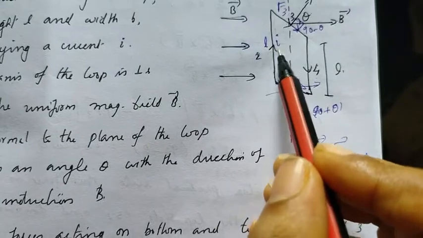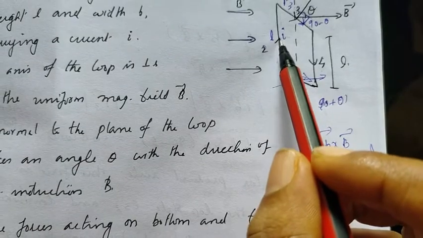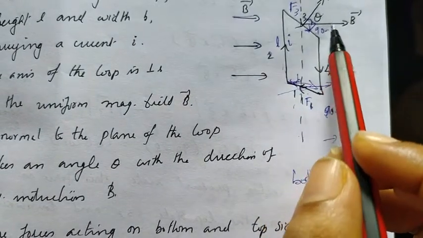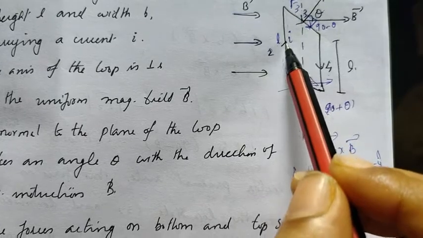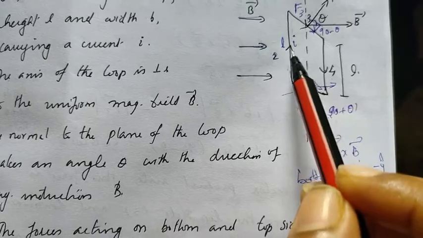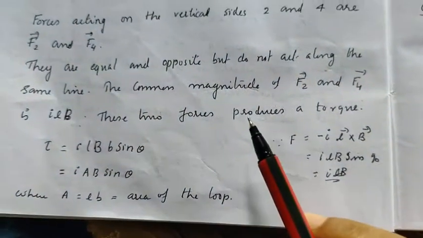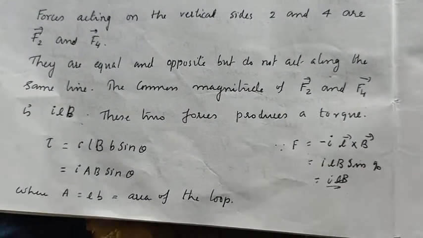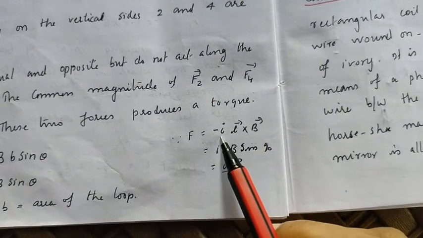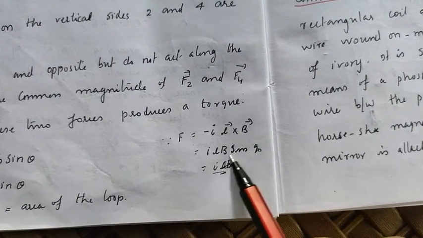So the forces acting in this direction and this direction are along different lines, and the angle between magnetic field and the current is 90 degrees, that is perpendicular. So sin 90 is 1, so the magnitude will be IL into B. These two forces produce a torque, that is force is equal to minus IL cross B, which is equal to I sin 90. So we will get ILB.